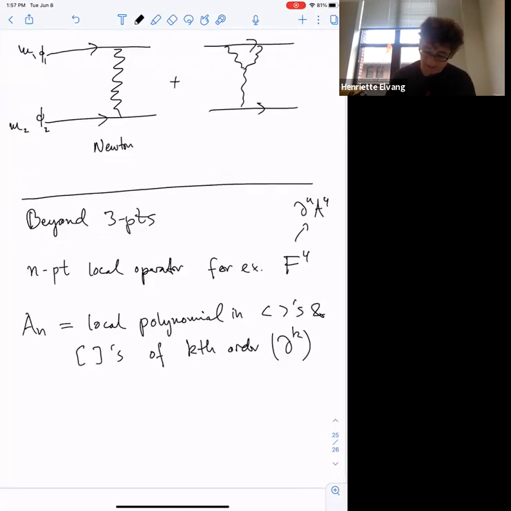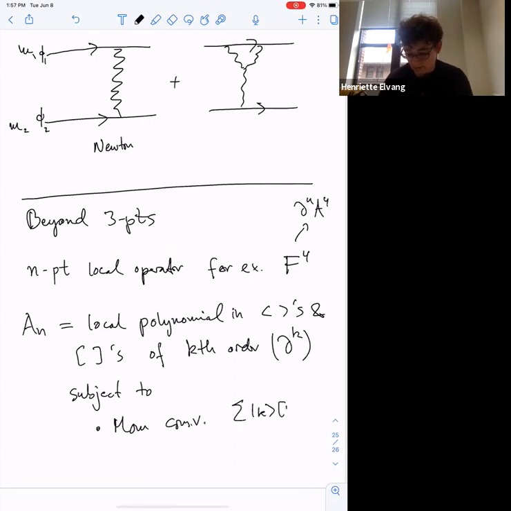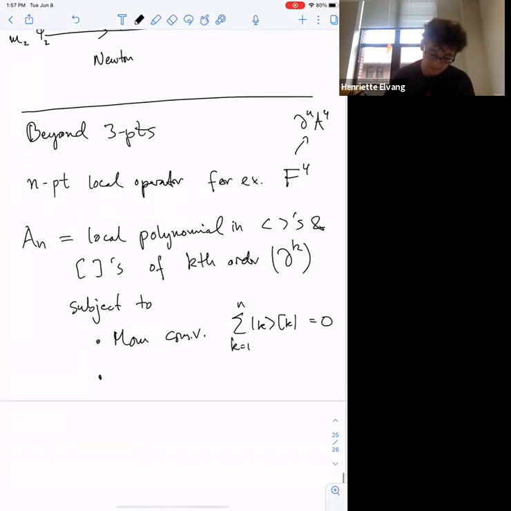And the angles and squares that you construct this of must be subject to 2 things, namely momentum conservation, which says that the sum of all the momenta has to be 0, and something called the Schouten identity. What is the Schouten identity? It's the statement that all these 2-component spinors lie in a 2-dimensional space because they're 2-component. So if I write a linear combination of 3 of them, they must be linearly dependent. So any 3 2-component vectors must be linearly dependent.